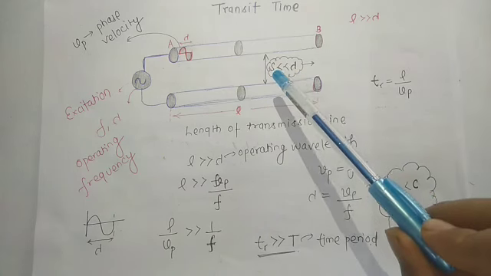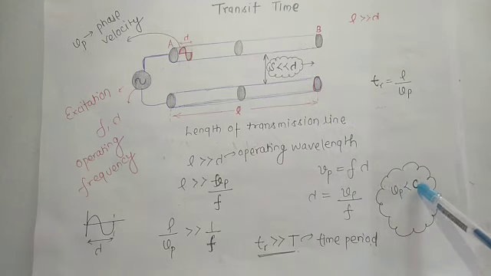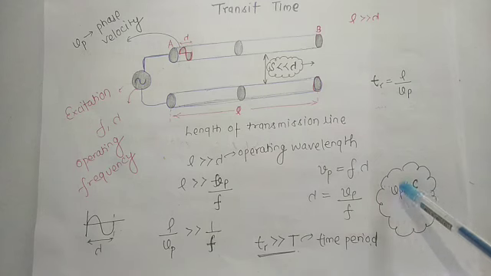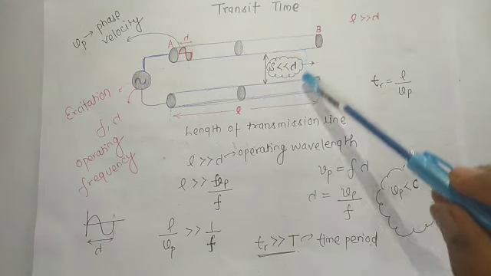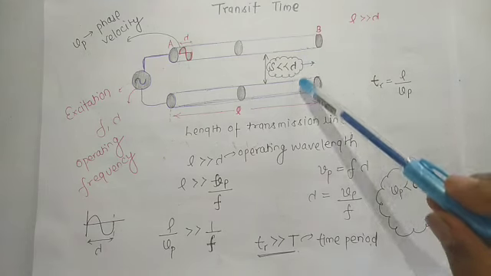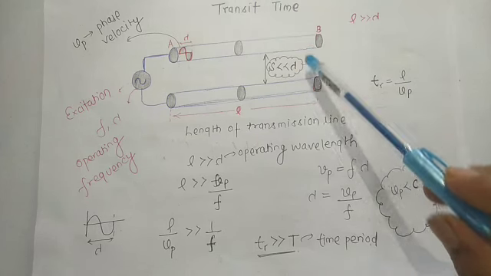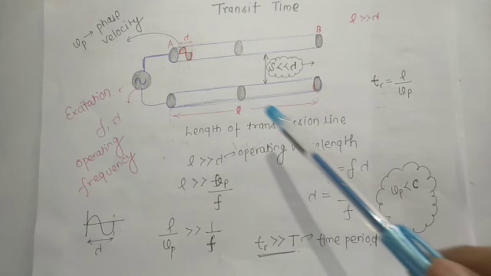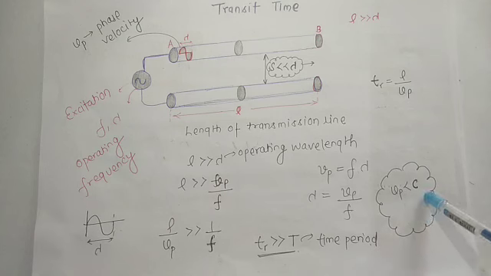It travels with the phase velocity, which is always less than the velocity of light. What is the reason behind it? We assume that these conductors are perfect, but in reality they are not perfect conductors. That's why the wave moves with less velocity compared to the velocity of light.